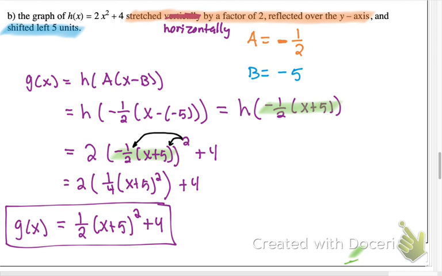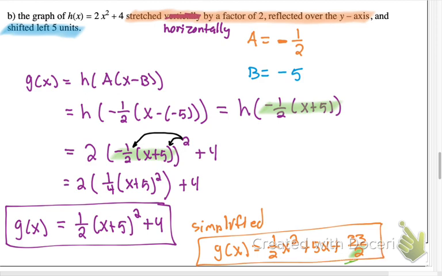You can check it on your own, and I implore you to do so for practice, but simplified, you get g of x equals 1/2 x squared plus 5x plus 33 halves.